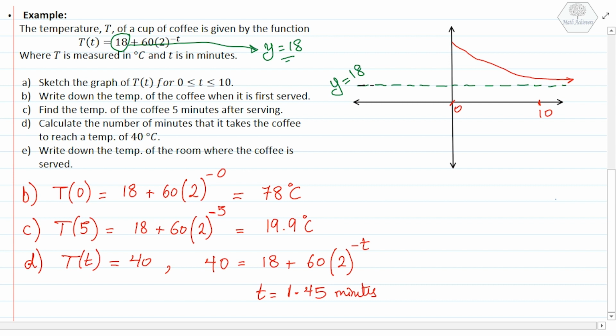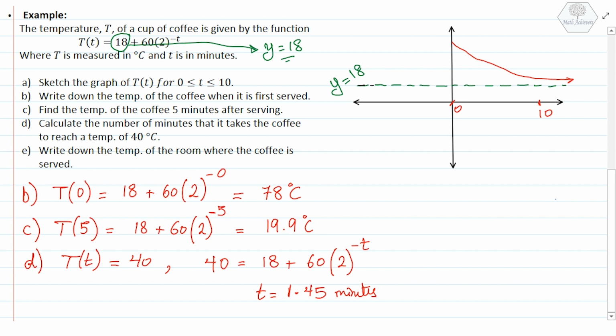Let's do part E now. Write down the temperature of the room where the coffee is served. As you know, the coffee will keep losing temperature to the room until its temperature becomes equal to the temperature of the room.